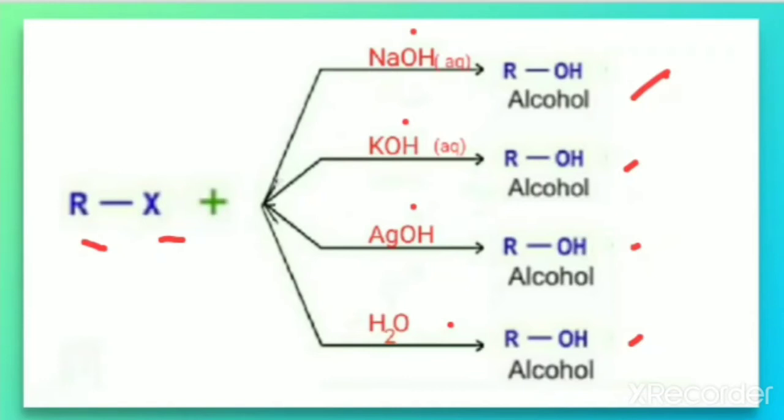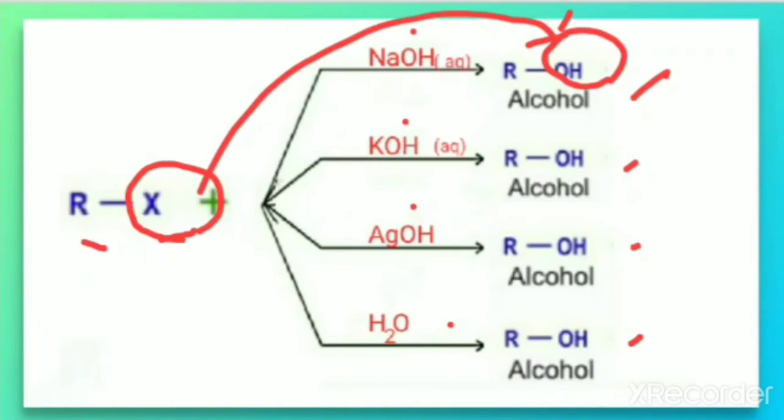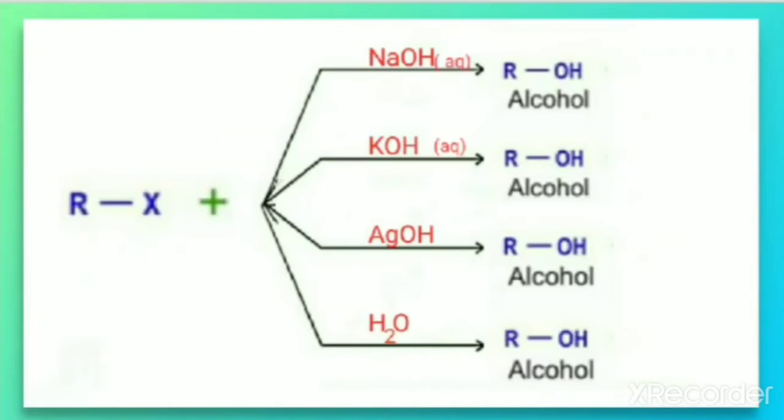So in this, what is actually happening, the X is substituted by the OH group. OH group is the nucleophile here. OH negative is the nucleophile and X is displaced, or we can say it is substituted by OH negative. This is a general equation which is given here, where R is any alkyl group.